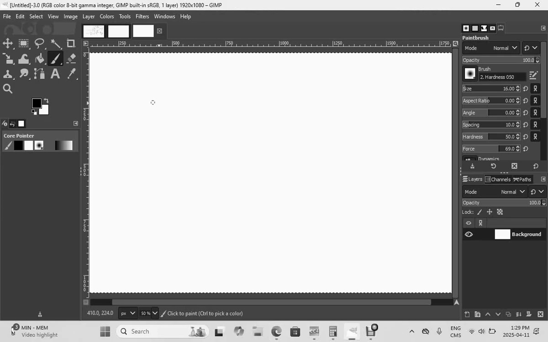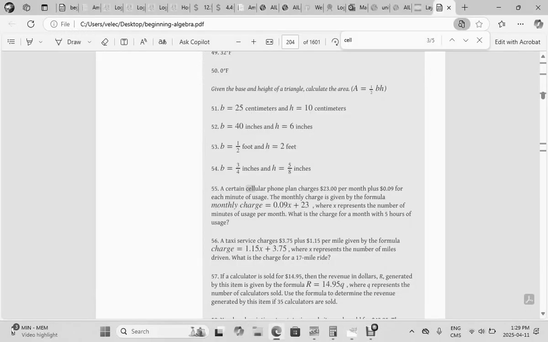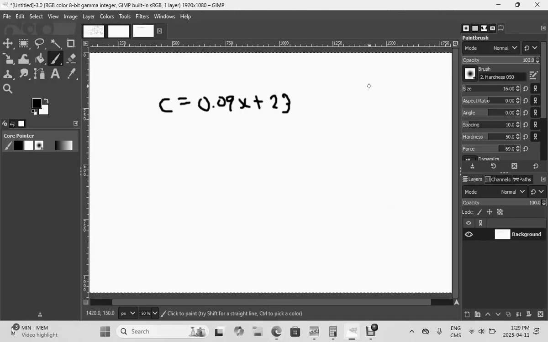So we go back here and we say cost equals 0.09x plus 23. In order for you to figure out your total cost for 5 hours of usage, you will need to convert this figure into minutes, so hours into minutes. We know that 1 hour is 60 minutes.